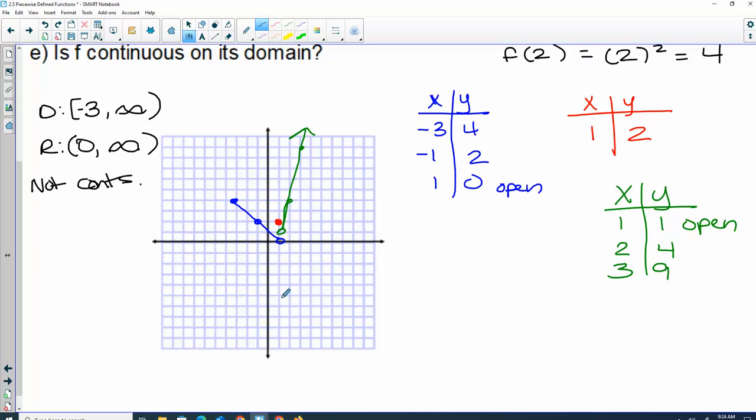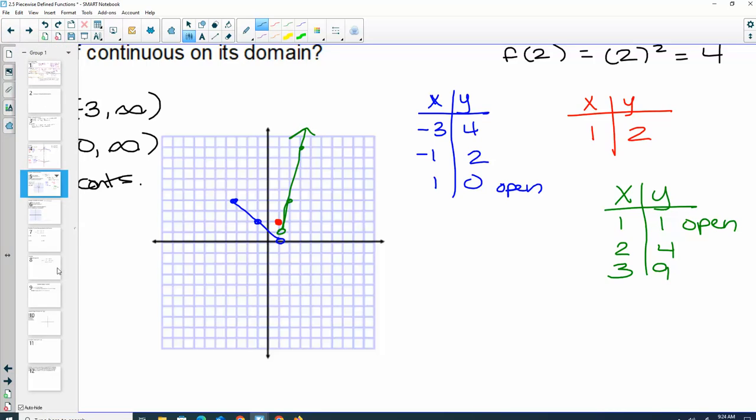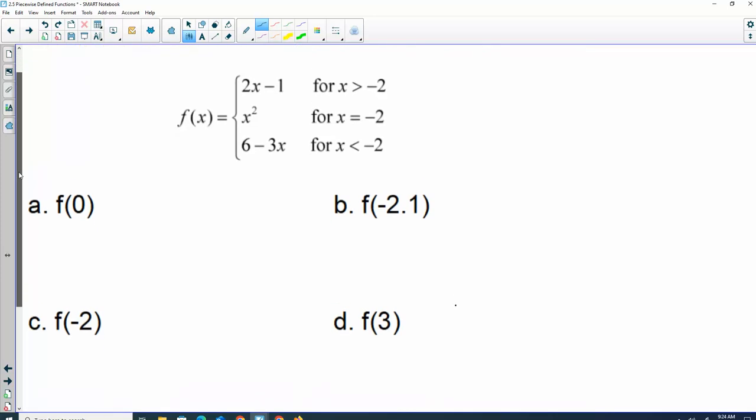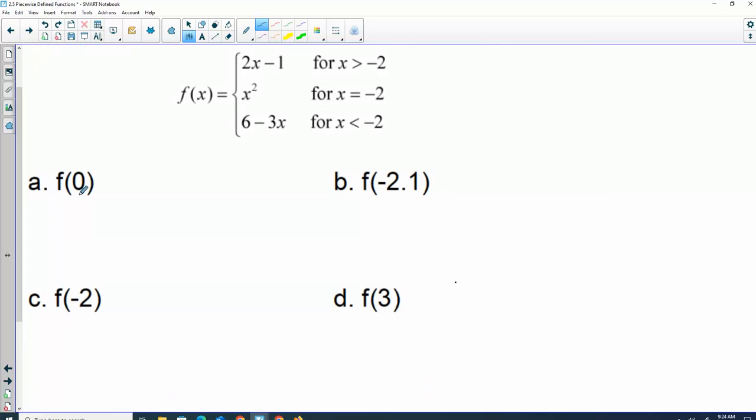All right. I want to look at this question. So without graphing, I want to see if we can evaluate each of these things.